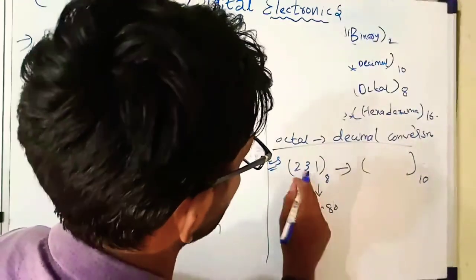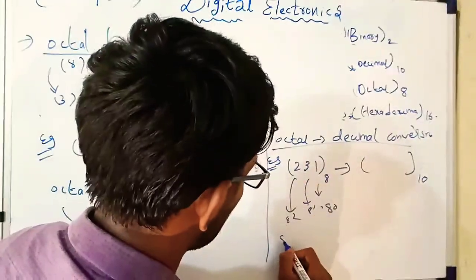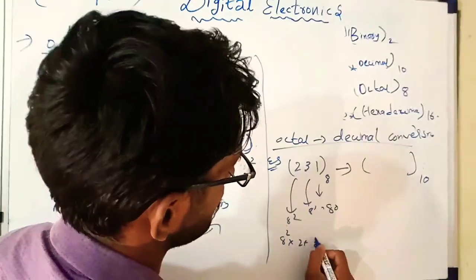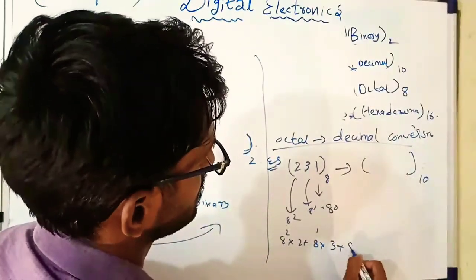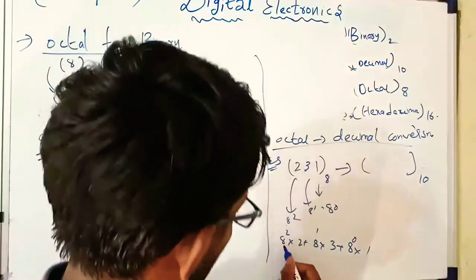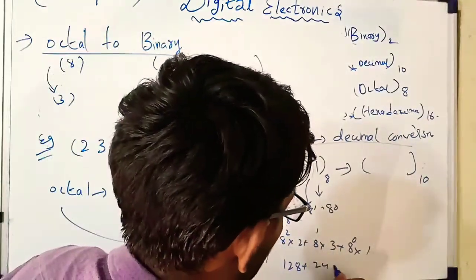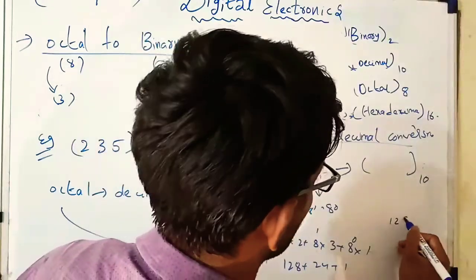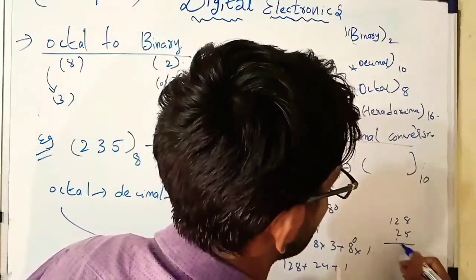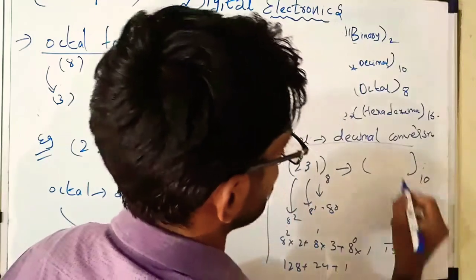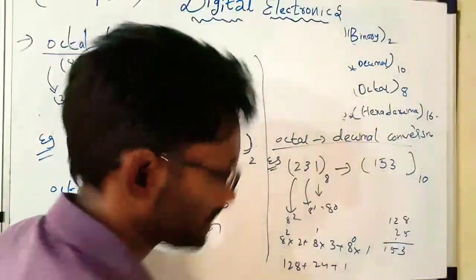Multiply 8 square into 2 plus 8 power 1 into 3 plus 8 power 0 into 1. This 64 into 2 is 128 plus 8 into 3 is 24 plus 1. This 128 and 25 is 153 in decimal.